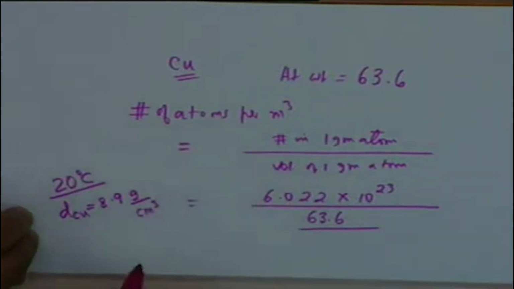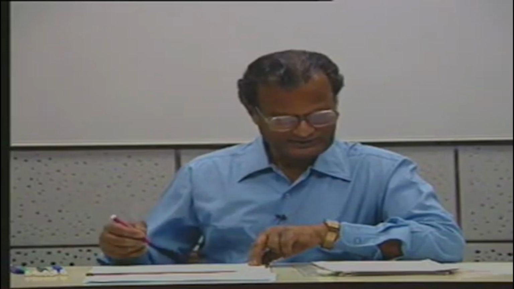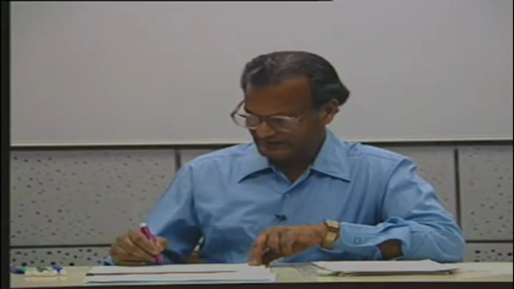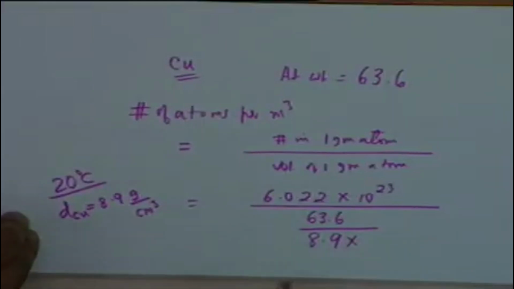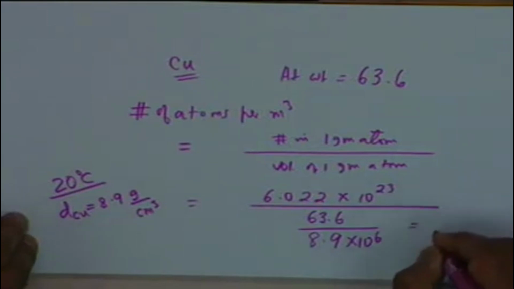This is how people still express the density. Well, you have to convert this to a meter cubed, and the relationship is 63.6 divided by the density, 8.9 times 10 to the 6 gram per meter cubed, and this number comes out as 8.43 times 10 to the 28.